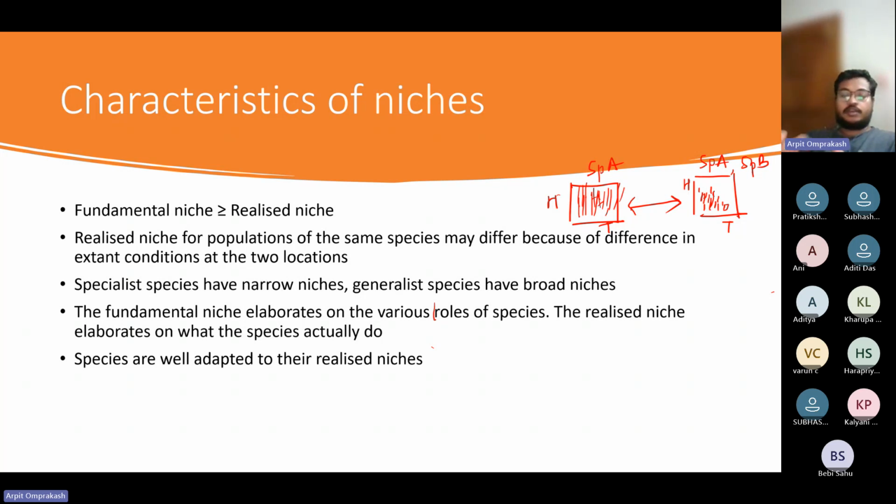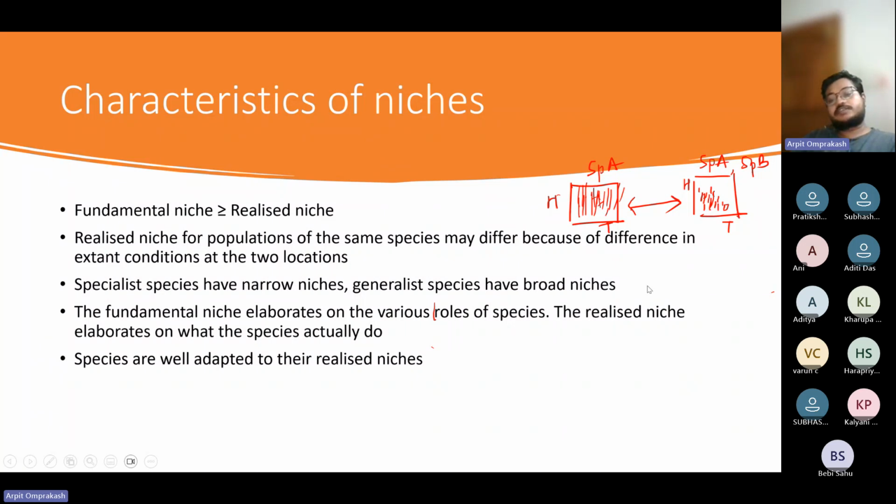So they tend to have very narrow niches. They're very tightly clustered around the resource that they are using, so the amount of thermal and other tolerance that they have is not that much. It's only restricted to the areas where the resource is found.